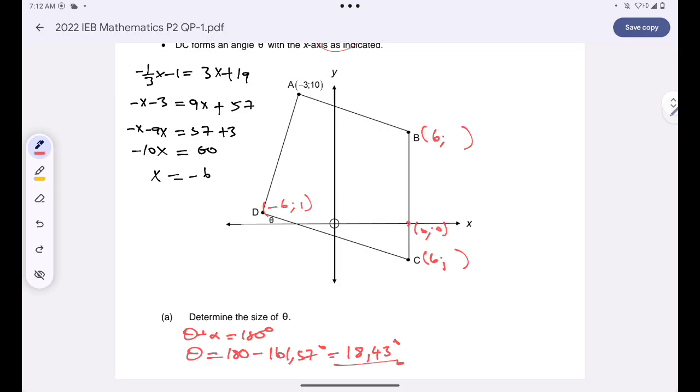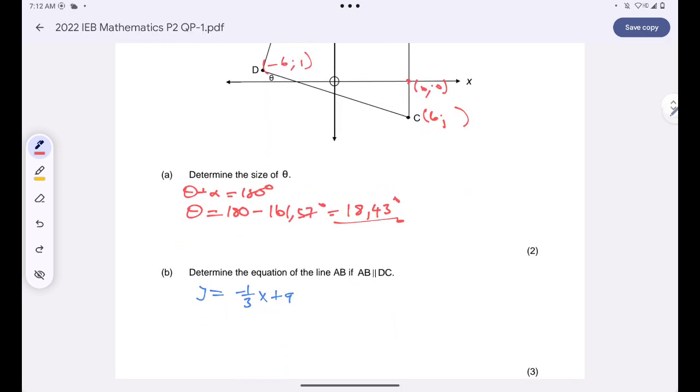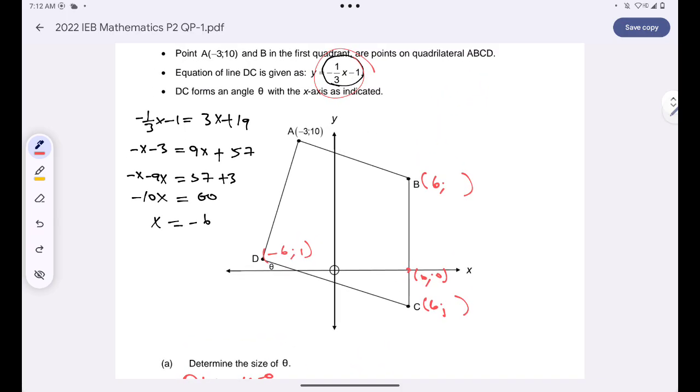Okay, I think for me to determine whether triangle ABD is isosceles, I must find the coordinates of B. Right? I do have the equation of line AB. Line AB: y is equal to negative 1 over 3 x plus 9.